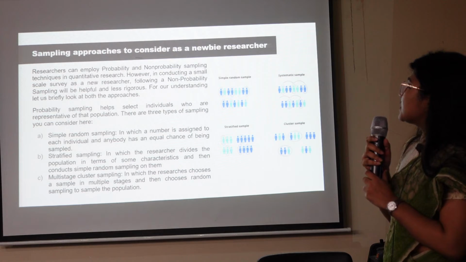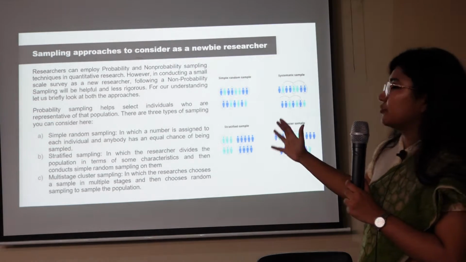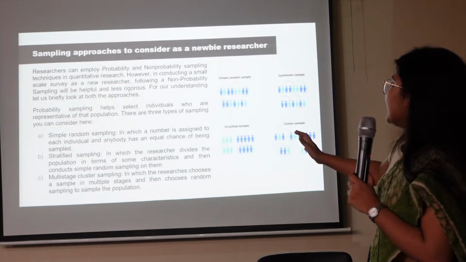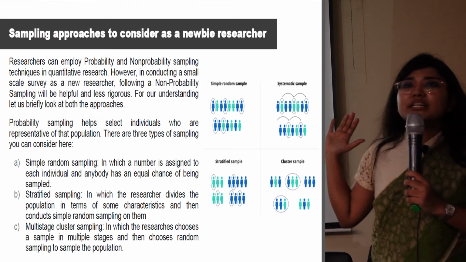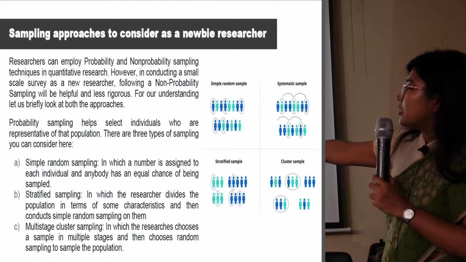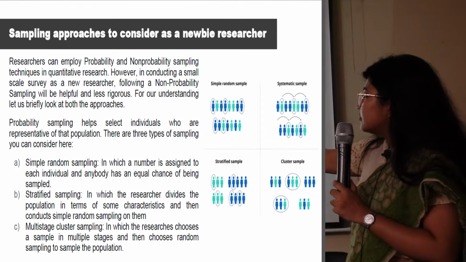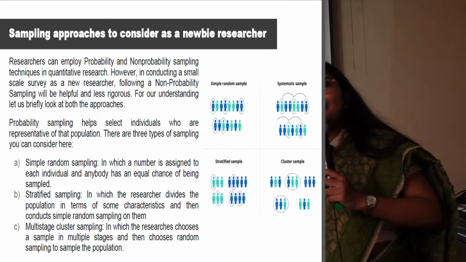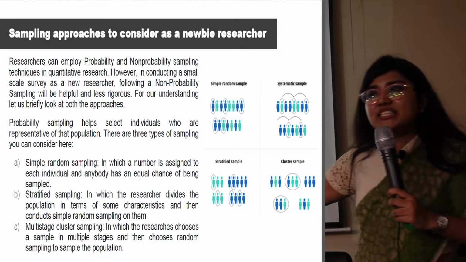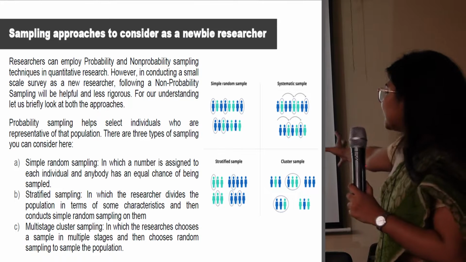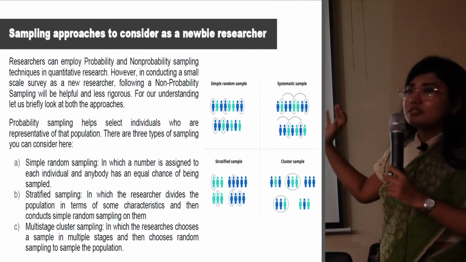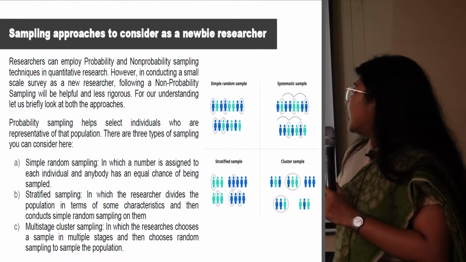Probability sampling helps select individuals who are representative of that population. As I said, there are three types of sampling you can consider here. What are they? Simple random sampling, stratified sampling, and multi-stage cluster sampling. There are cute pictures here in order to just look at something visual.